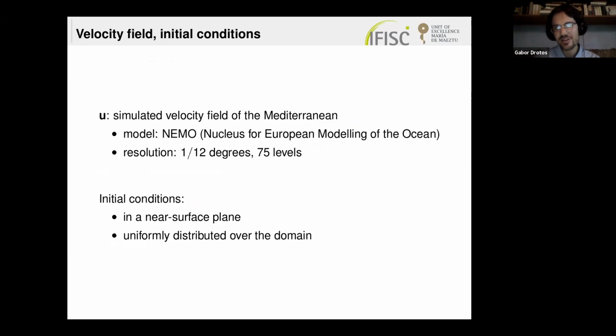Of course, in the Mediterranean, we don't have tropical cyclones, but of course, if we go to a real ocean, there we can have tropical cyclones.